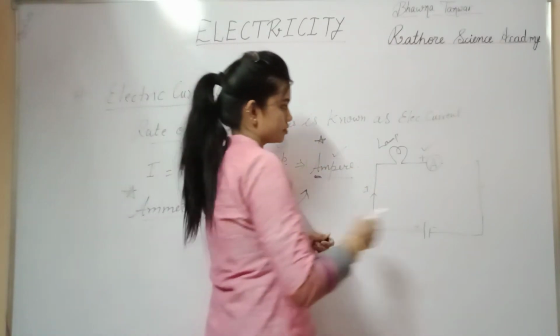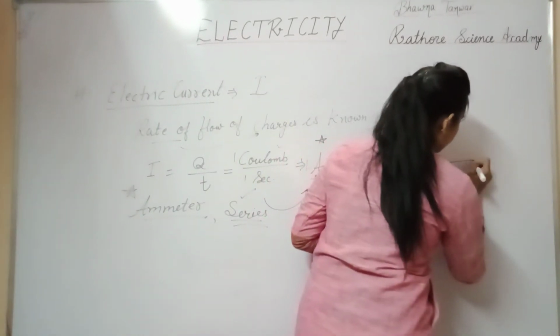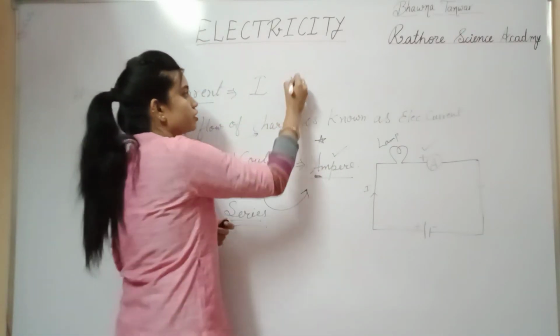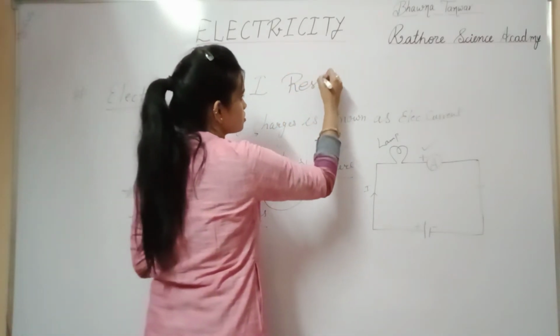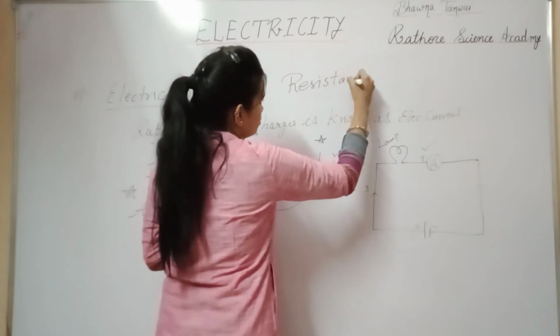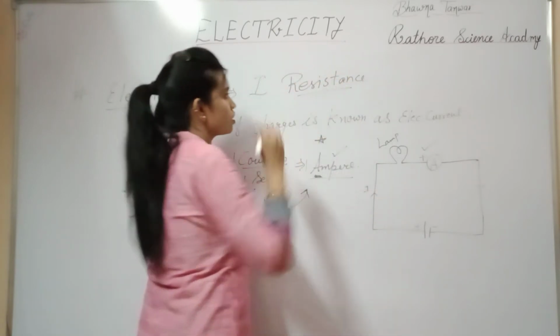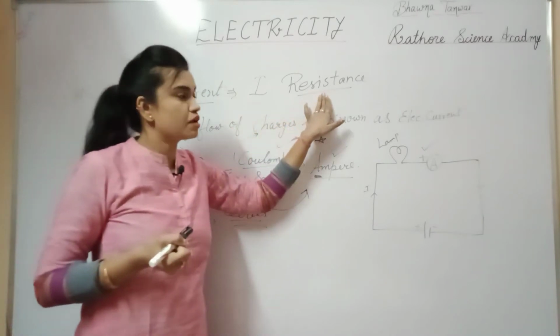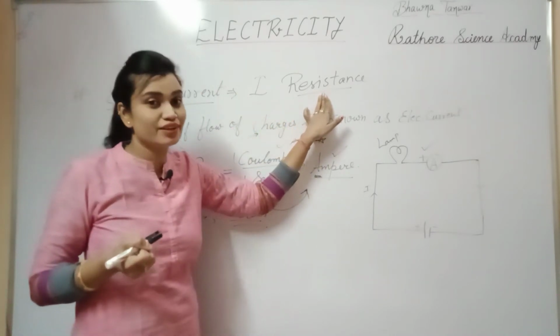The reason is the ammeter has very low resistance. Now another term you got: resistance. We will discuss this in detail, but here you can know that resistance works as a barrier for current.